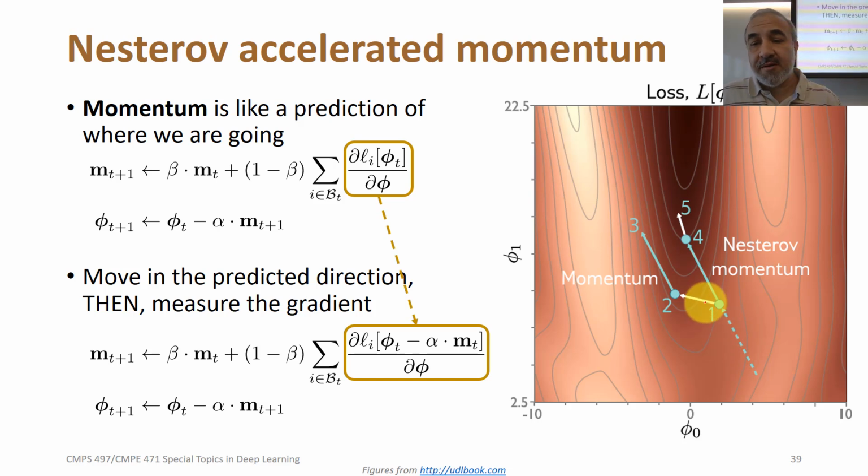With momentum only, we take the addition of the momentum plus the current gradient, which is this one. So we go this way, and then this way, and we reach point number 3. With Nesterov, we go through the momentum and then take the gradient at that point, which is this white one. So we reach point number 5.